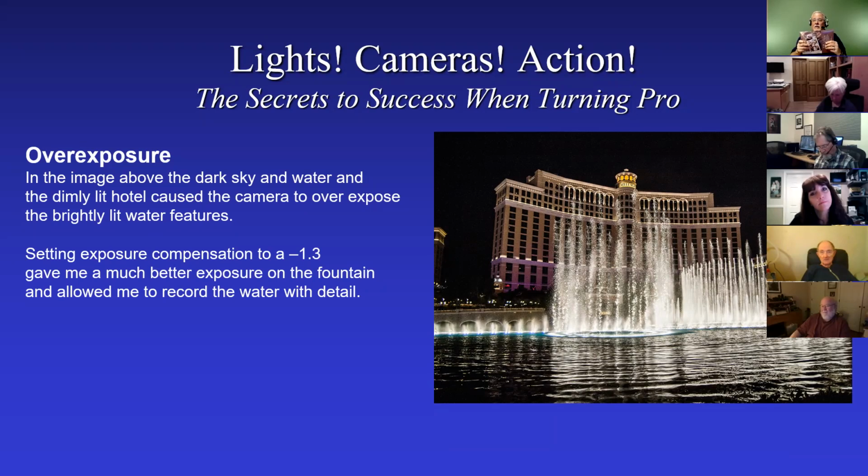So if she's holding the gray card, you want to point that gray card towards that light source and measure the light coming from the light source, not facing it towards the camera. Okay? Because we want to measure the light on the subject. We'll learn more about that here in just a minute.